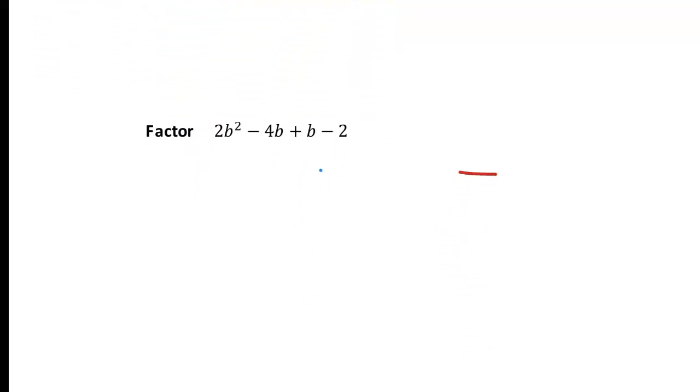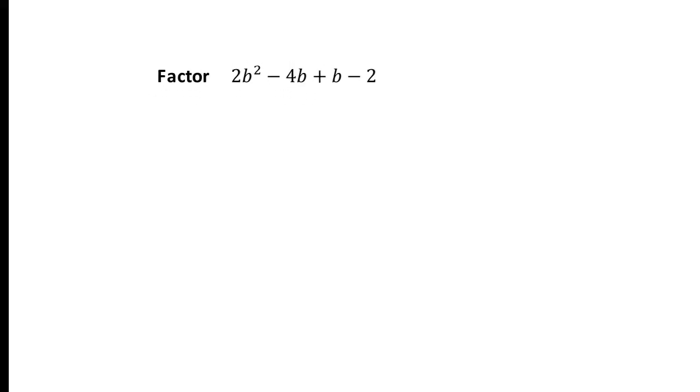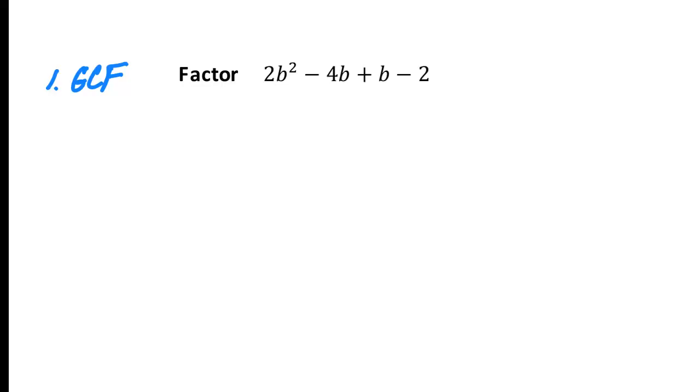Going down to the second problem. Again, we need to factor. Always check first for a greatest common factor. So I see a 2, a -4, this is a 1, and a -2. The smallest is 1.